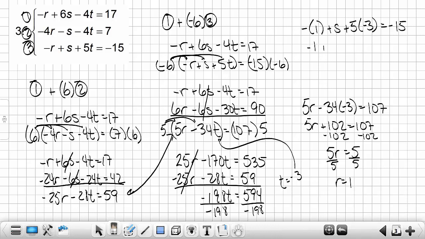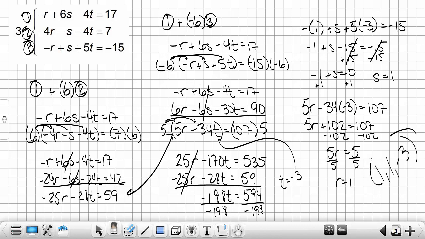So I have negative 1 plus s minus 15 equals negative 15. Add 15 to both sides. Those cancel. Negative 1 plus s is equal to 0. Add 1, s is 1. So RST is 1, 1, negative 3. And there's my solution. All right, number 4.